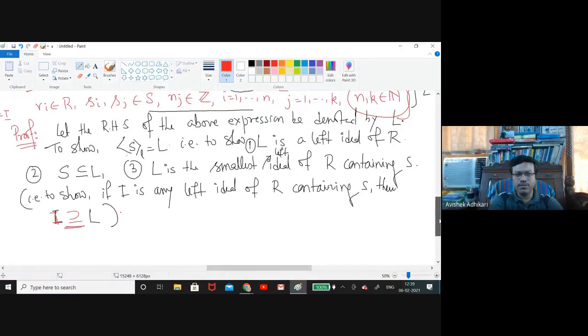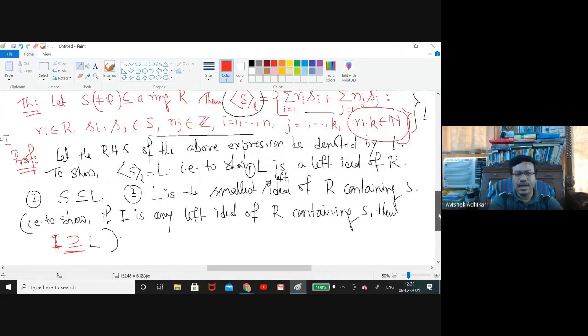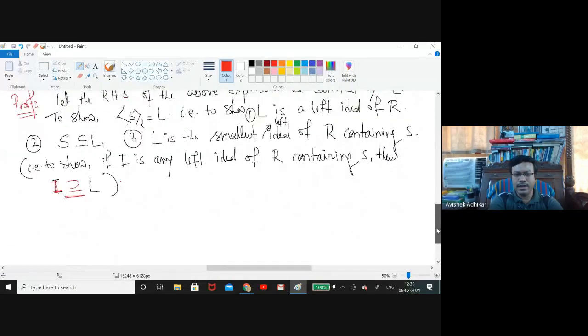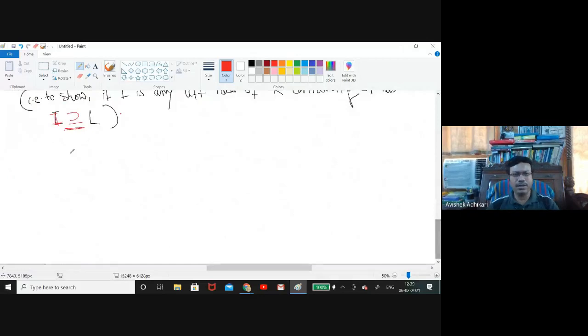So the first thing we are going to show is that L is a left ideal of R. The expression looks a little like a caterpillar expression.